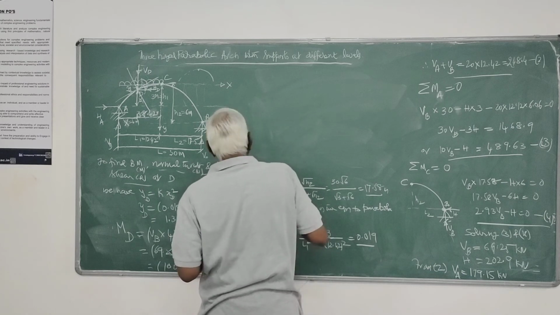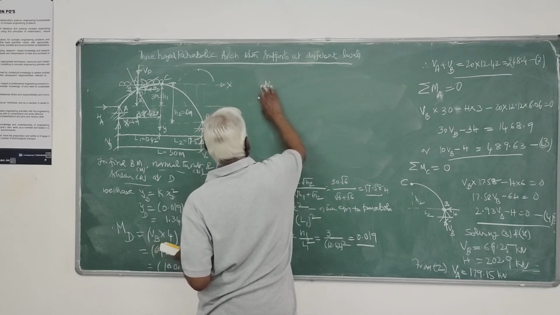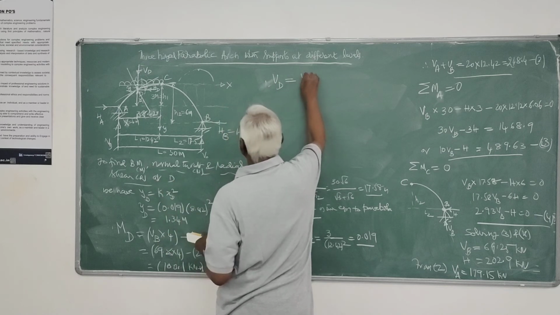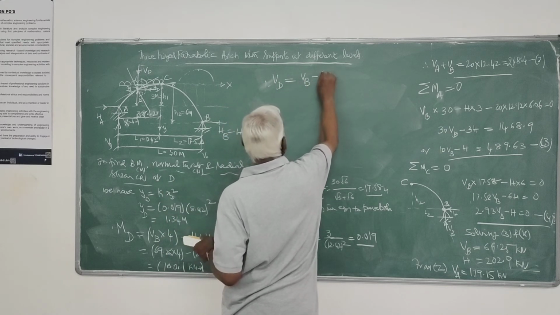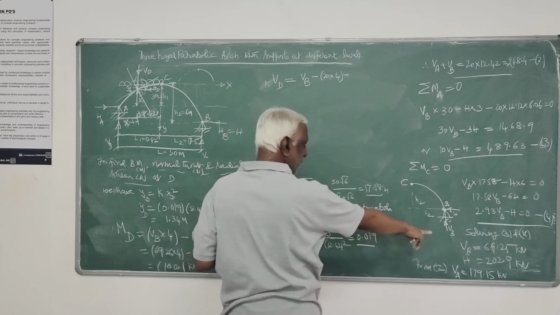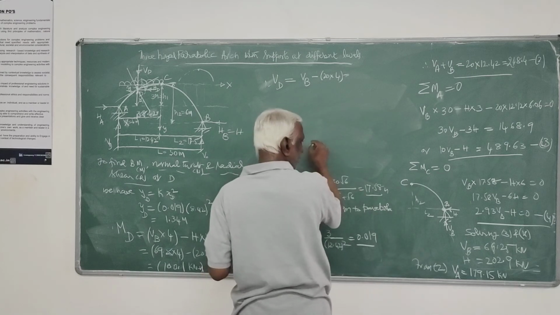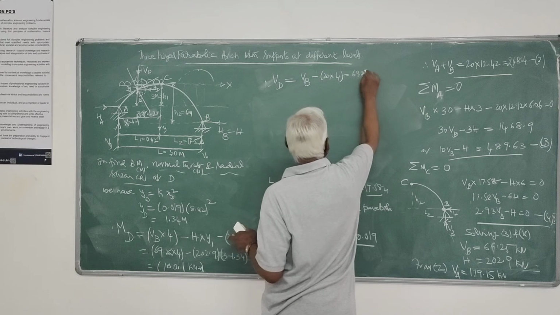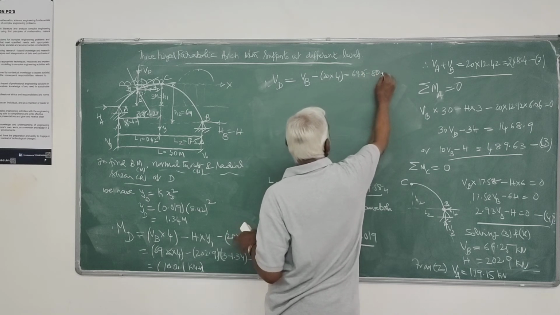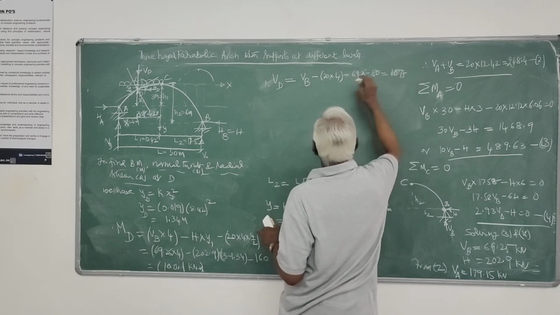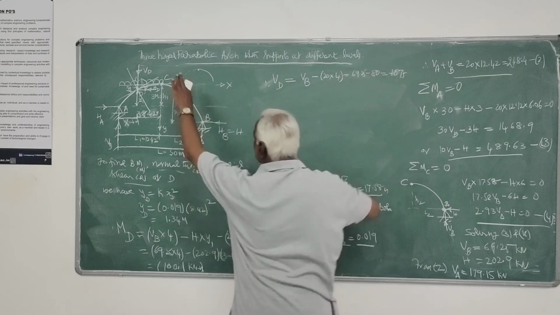So for normal thrust, first find VD, which is nothing but VB minus 20 into 4. That is 69.25 minus 80, which is minus 10.75. Minus means it is acting downward.